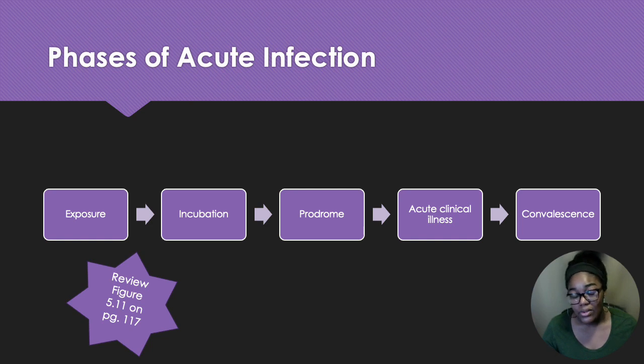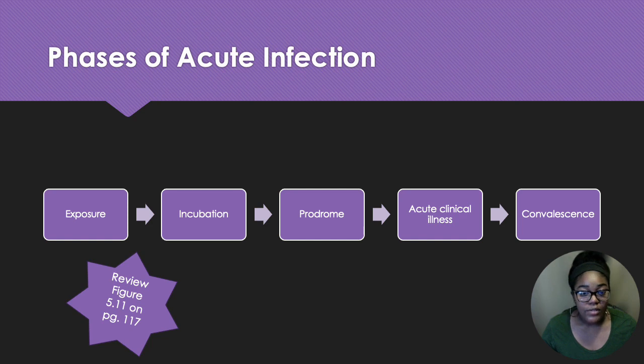Generally they have that Ghon complex, which is the lesion within the lungs, and you'll see that on a chest x-ray or a CT chest. So this is the acute clinical illness. You see some very specific signs and symptoms of the disease that would lead to diagnosis.